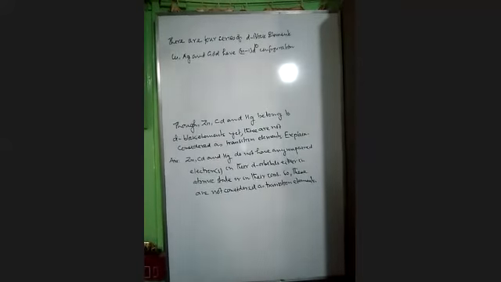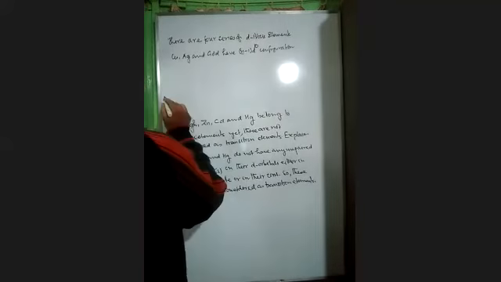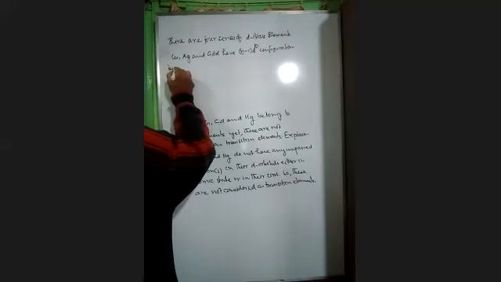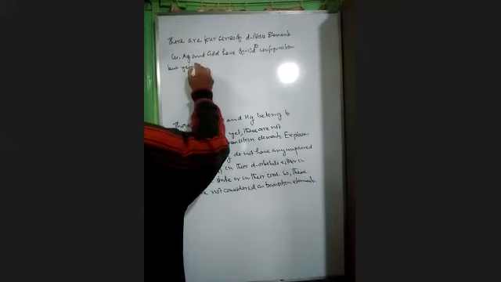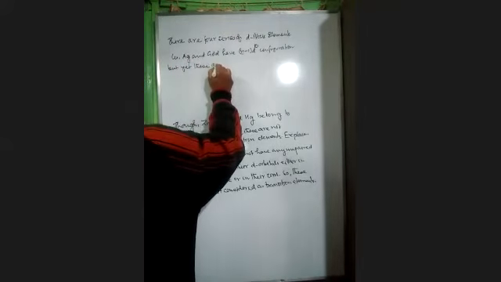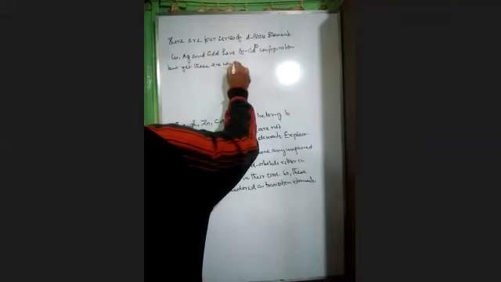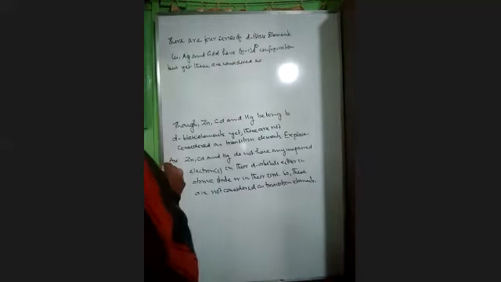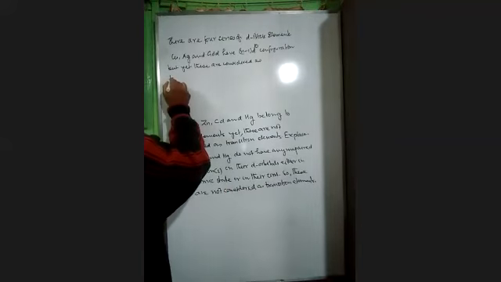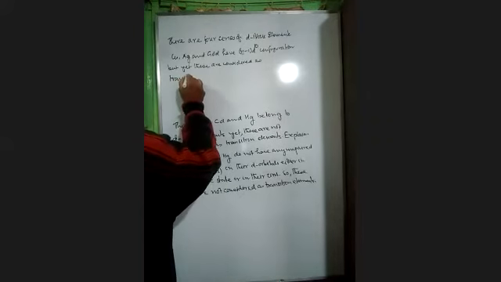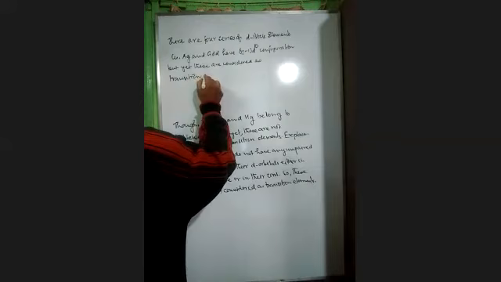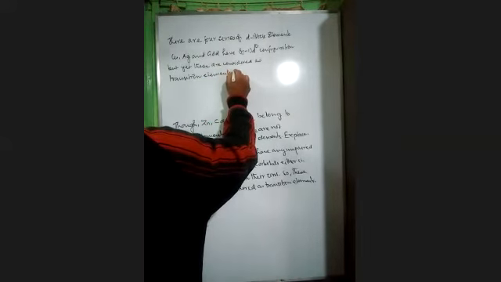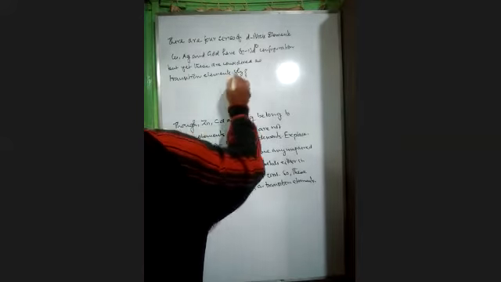That is, they don't have any unpaired electrons. But yet, these are considered as transition elements. Why?